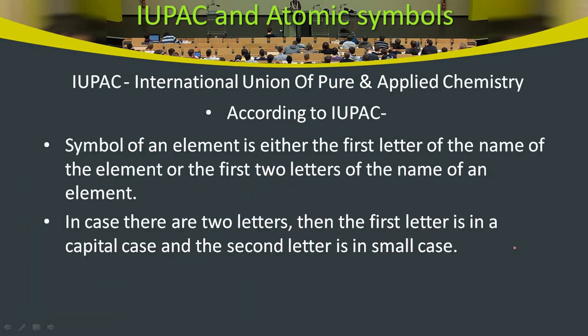Students, one new name you will see on your board, that is IUPAC, International Union of Pure and Applied Chemistry. It is an organization, the head organization for chemistry, and according to the IUPAC, the symbol of an element is either the first letter of the name of the element or the first two letters of the element.